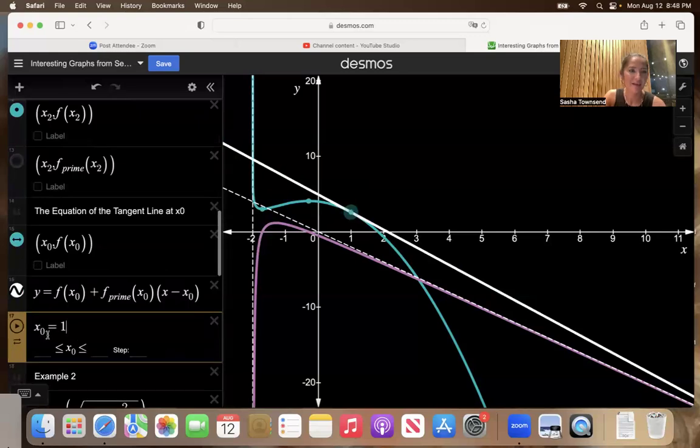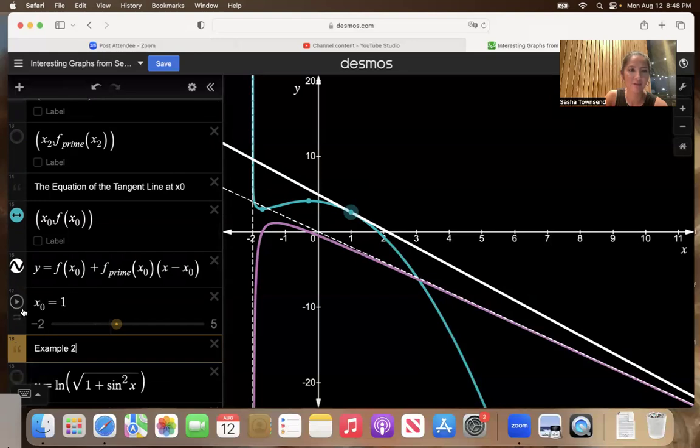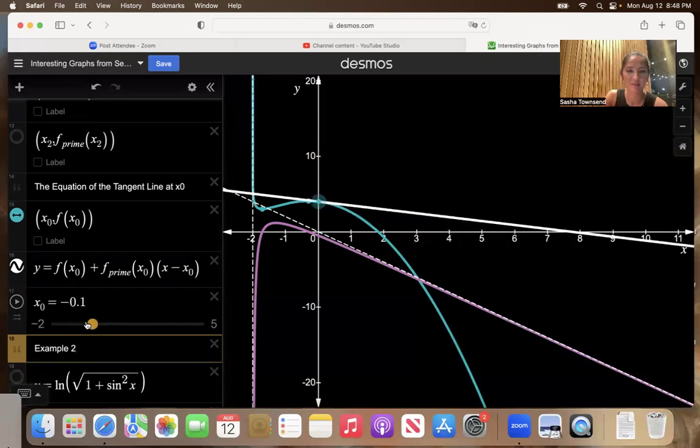Okay, and now let's just let x naught change. Let's go from -2 to 5 again. Make sure we're always going the positive direction, and try to make it relatively slow so that we can actually see what it does.